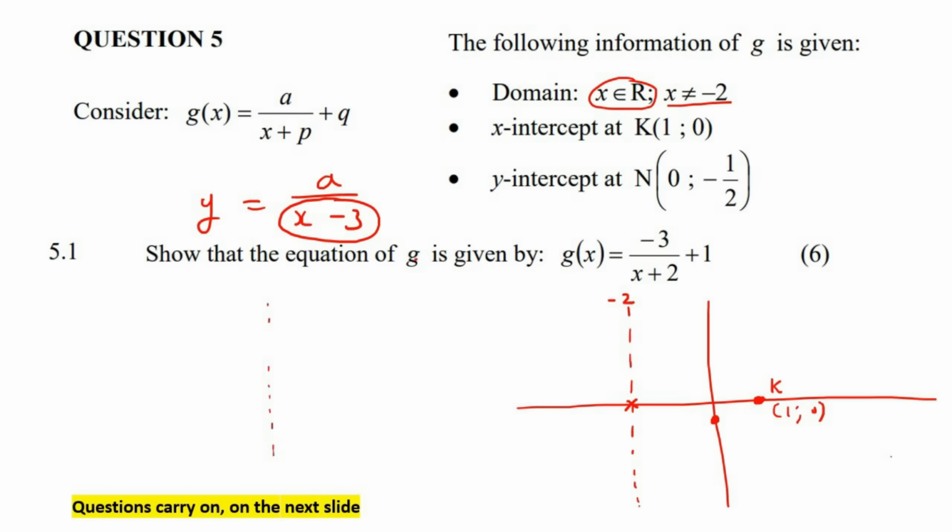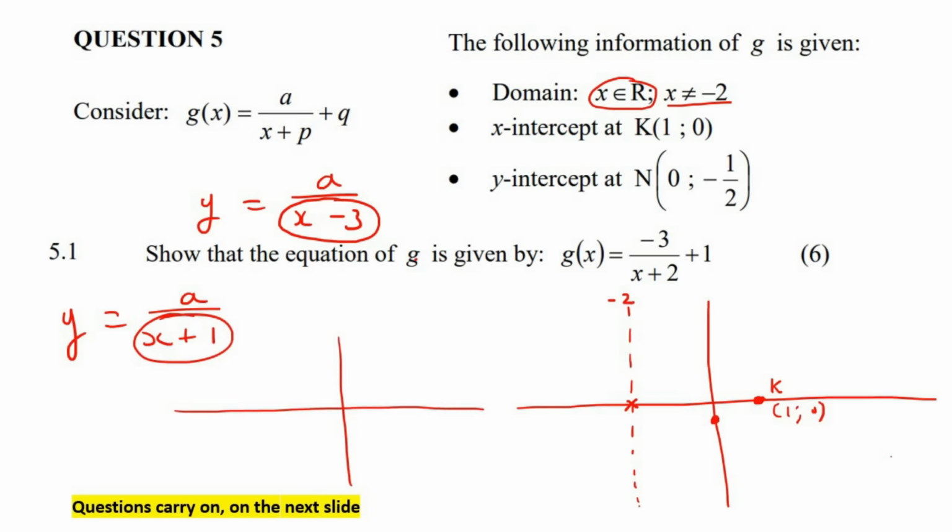Okay, let me show you a few more examples. Let's say, for example, you had y equals a over x plus 1. Then that means the graph has moved 1 place to the left. And so your vertical asymptote would then be 1 place to the left, which would actually be where x is equal to -1.